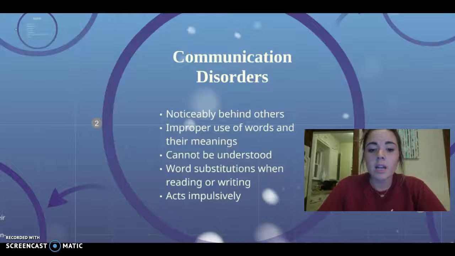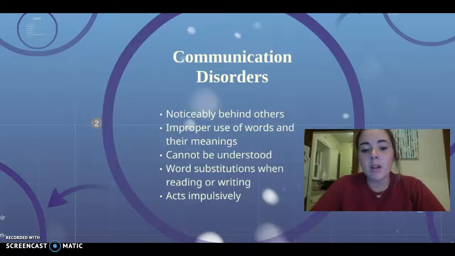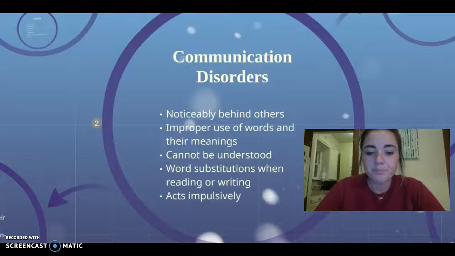At times they use words in a different way and they kind of mix up their meaning. So they're trying to say one thing, but they use the wrong word or the wrong meaning of the word. At times they also cannot be understood. They struggle with communicating themselves, so they also struggle with making sure that people understand what they are saying or what they need.